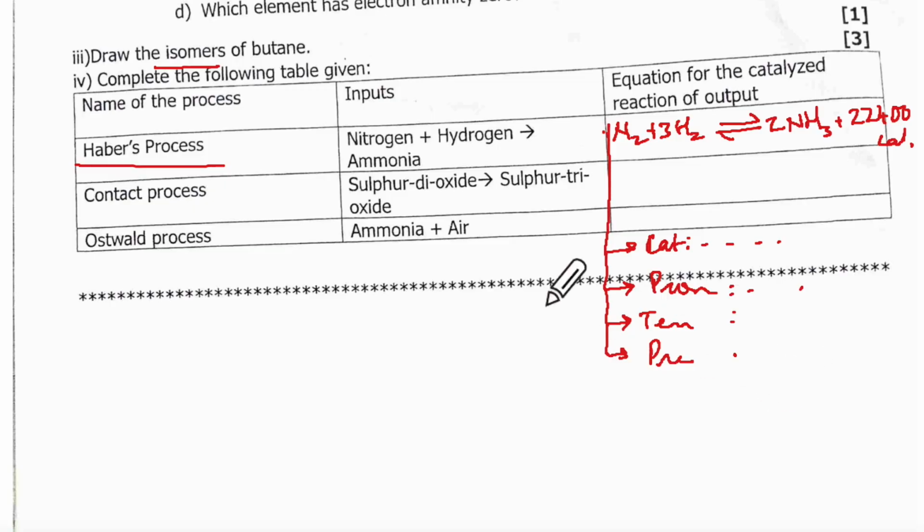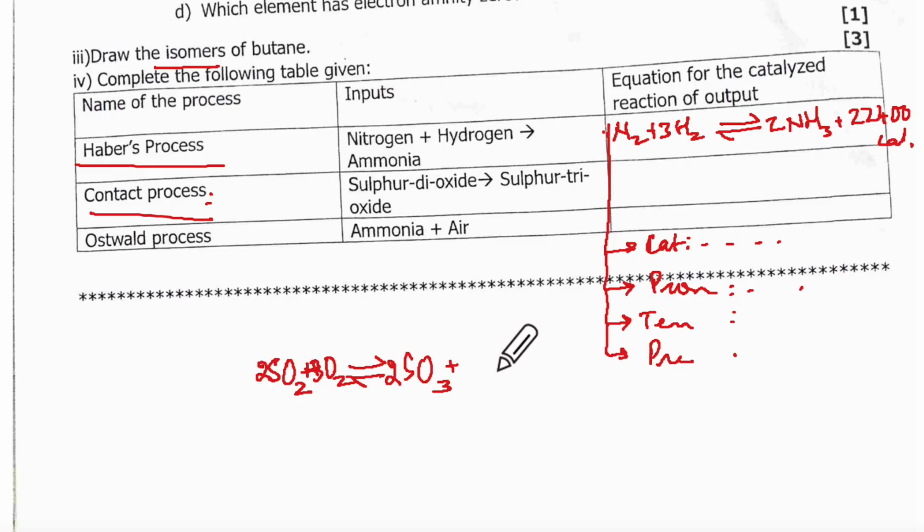Very good. Then contact process. Here again you will write contact process, and then you'll write SO2 becomes SO3. SO2 plus O2, and again it is a reversible reaction, giving 2SO3 and plus how much heat? Just the other day we were talking about the heat.